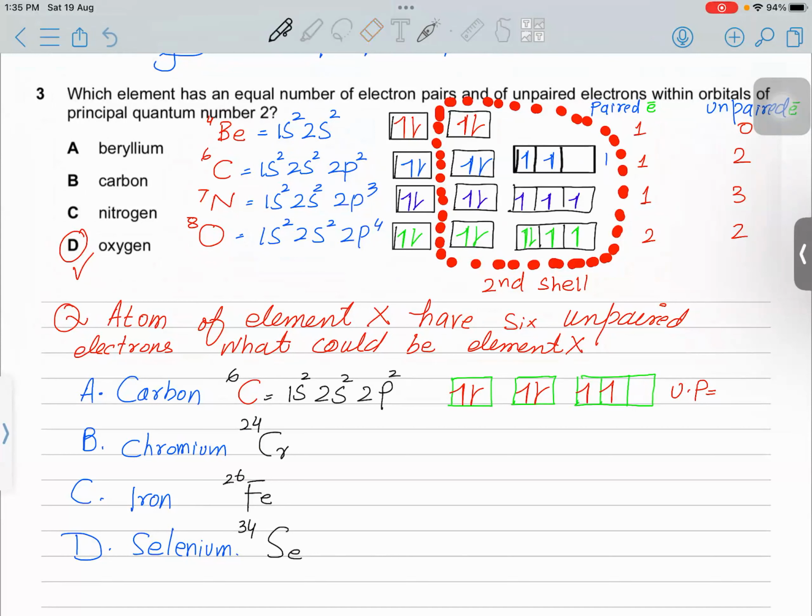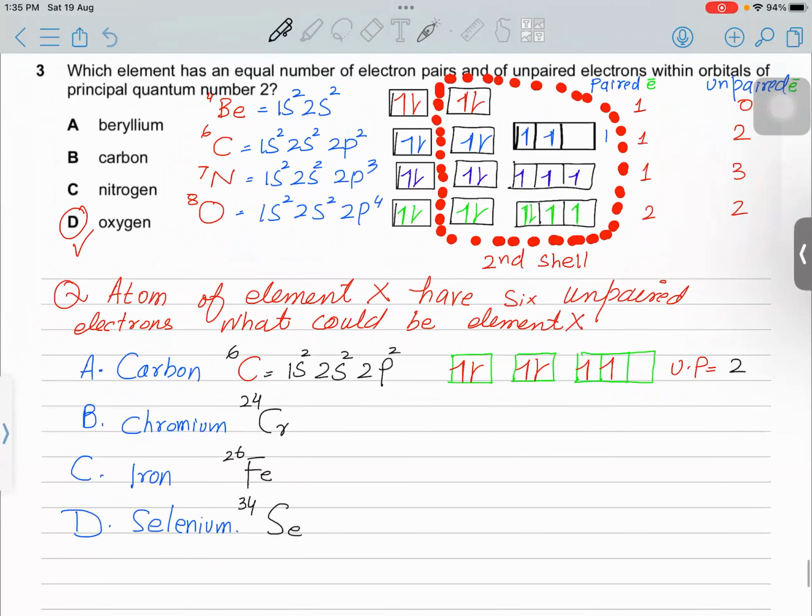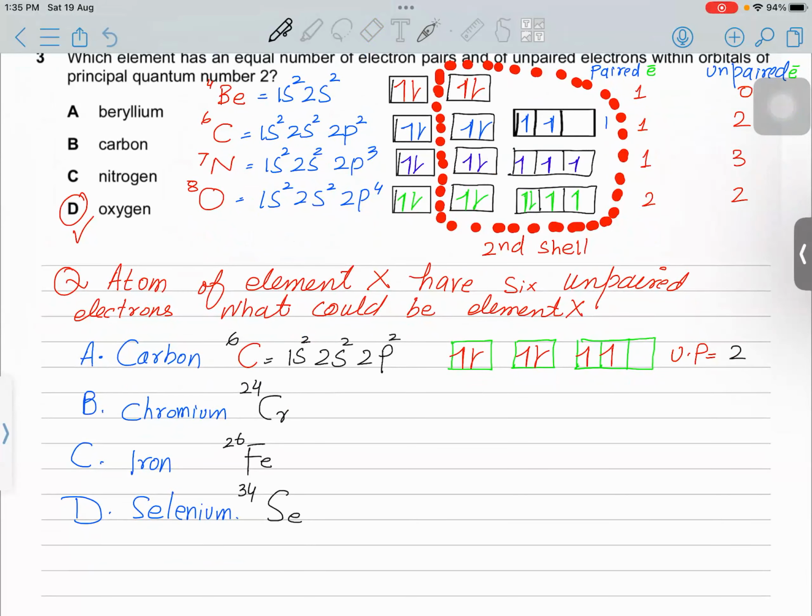This is carbon, so two unpaired electrons. So this is not the correct answer.